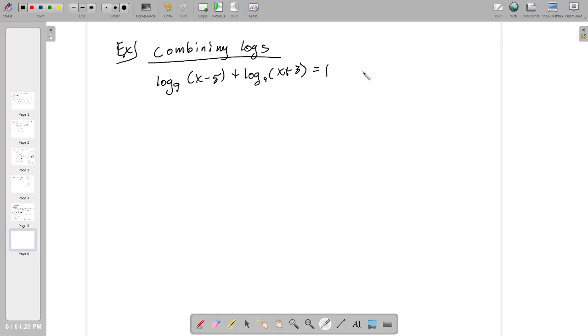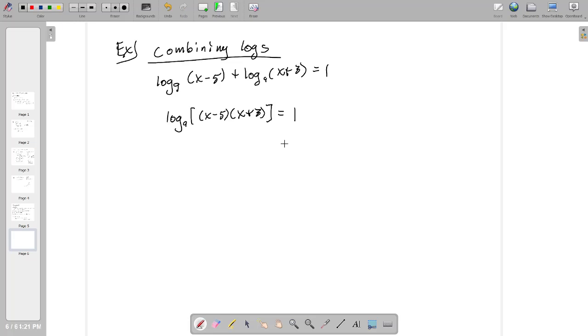Now again, they're isolated on one side. We just need to combine these two. We already have the same base, and we have a sum in between, which means we multiply their respective inputs. Now we have log base 9 of (x minus 5) times (x plus 3), like this, and it's equal to 1.